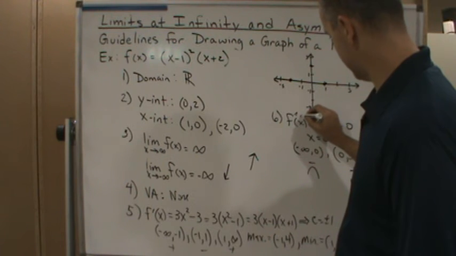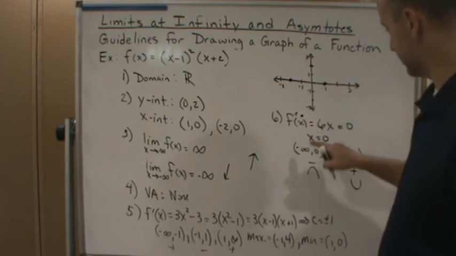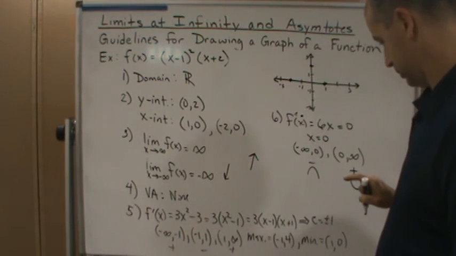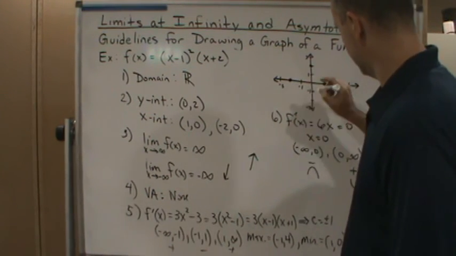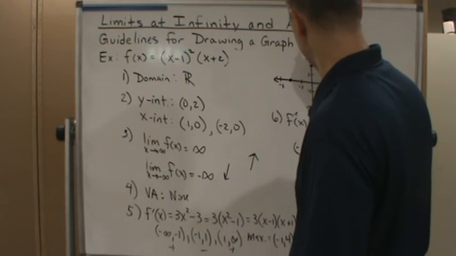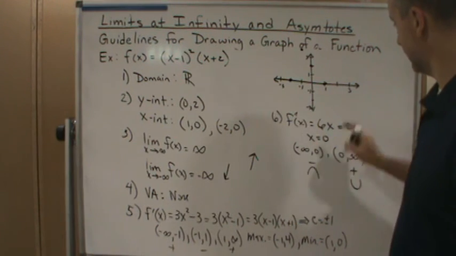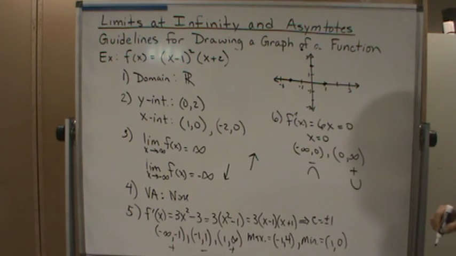Hold on. Oh, wrong one. Wrong way. So negative 1, 4 up here. Say about right there. Okay? And then a minimum at 1, 0. So it's already marked. That's one of the x-intercepts.